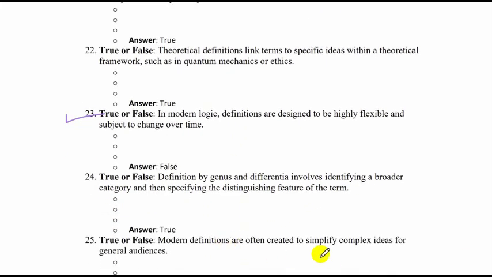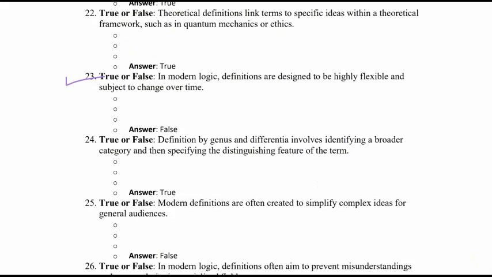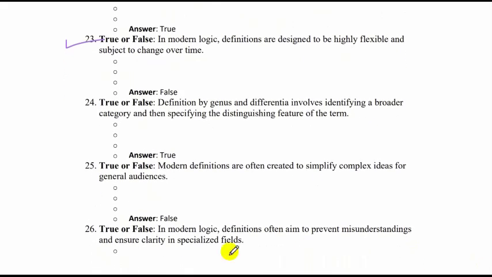Modern definitions are often created to simplify complex ideas for general audiences. False. In modern logic, definitions often aim to prevent misunderstanding and ensure clarity in specialized fields. This should be true.